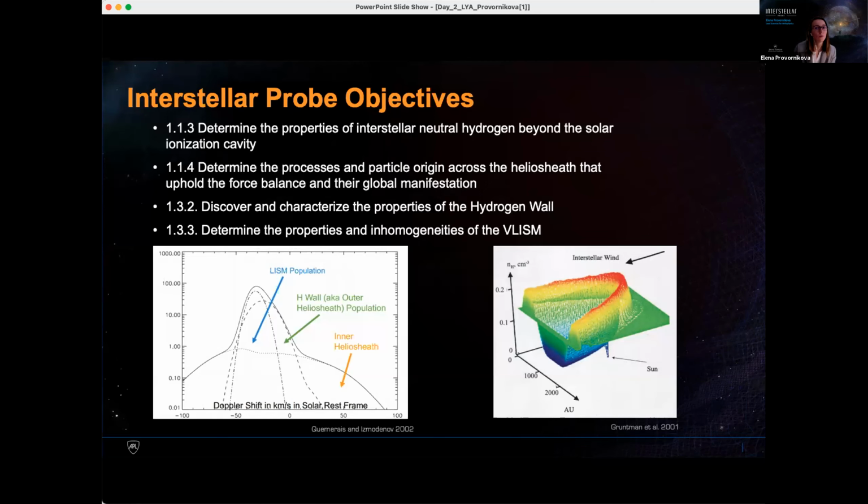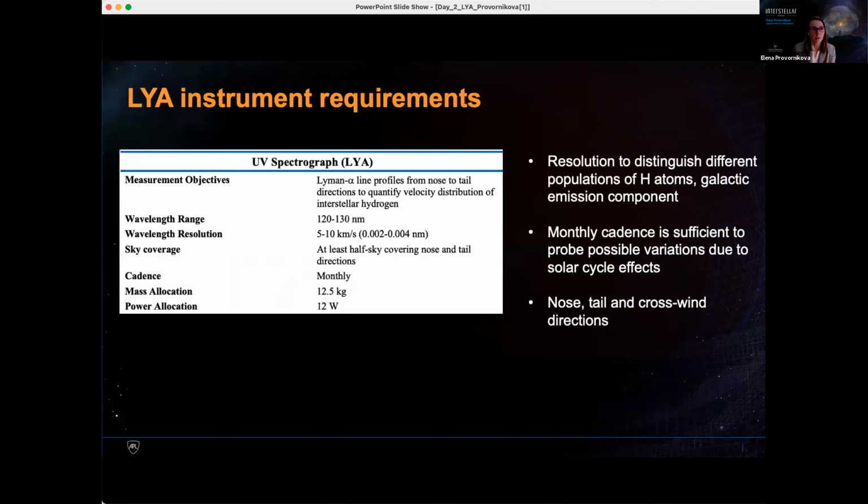So now let's move to the instrument requirements. Next, yes. So this table lists the Lyman-alpha instrument requirements. So our goal is to measure Lyman-alpha line profiles in different directions in the heliosphere from nose to tail. And we will use those measurements to quantify the velocity distribution of interstellar hydrogen in the heliosphere.